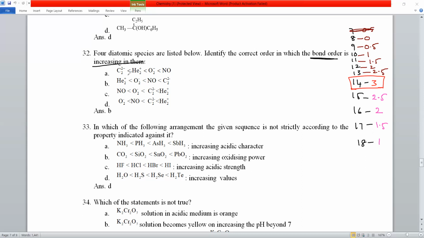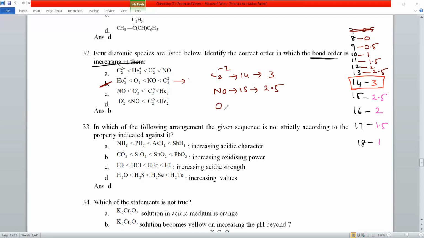Now go for C2 minus 2. Option B is the one they have given as correct. Now let's check. C2 minus 2 is a 14 electron system, and the bond order should be 3. And NO they have given. NO is a 15 electron system, the bond order should be 2.5. Check, students, I have given a shortcut trick.